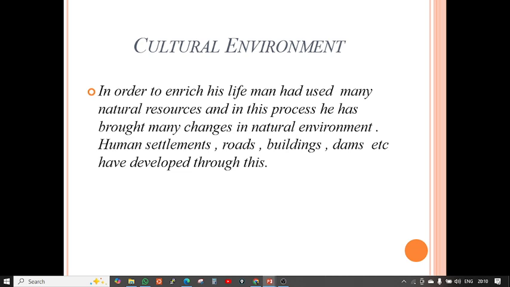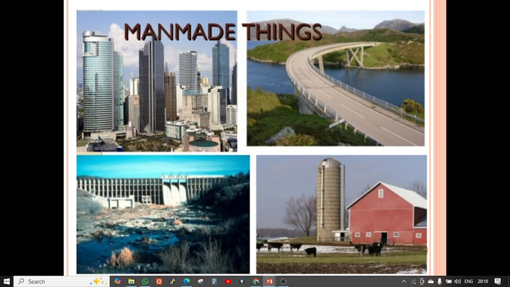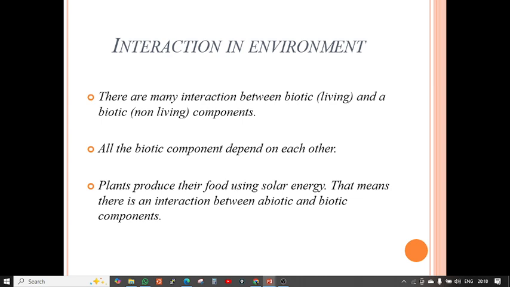So many things are altered in the natural environment by these man-made activities, in the name of development, and it clearly impacts nature very much. These are the different man-made things: large skyscrapers, buildings, roads, industries, and dams, which create great impact on the environment. This whole effect on the environment can indirectly affect the health of people.